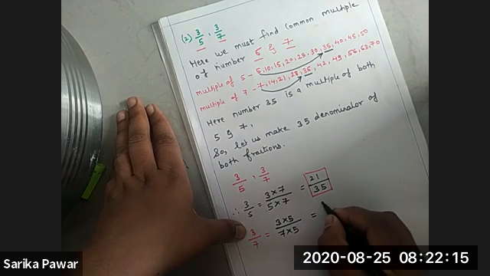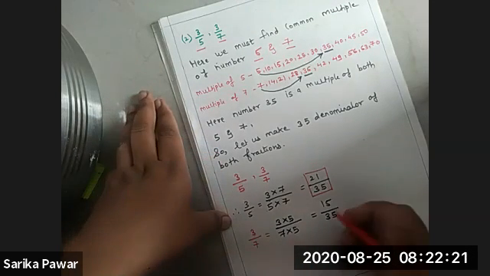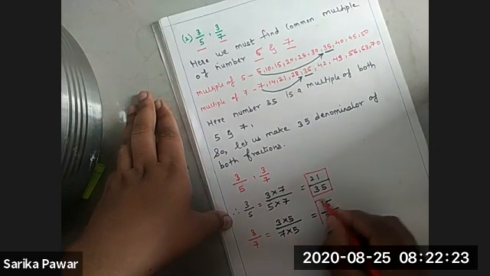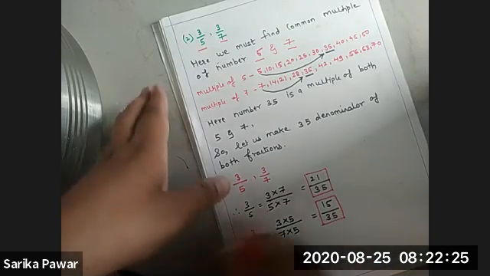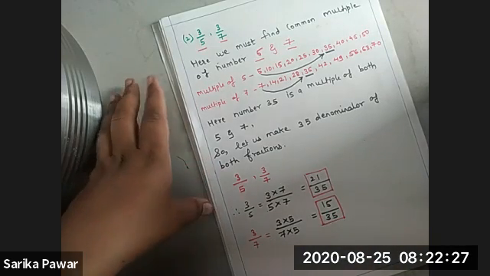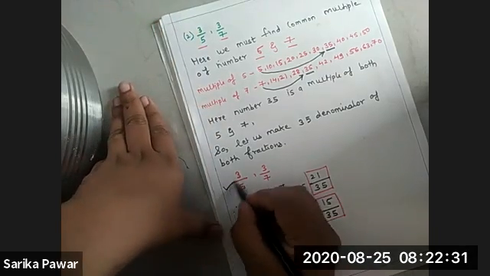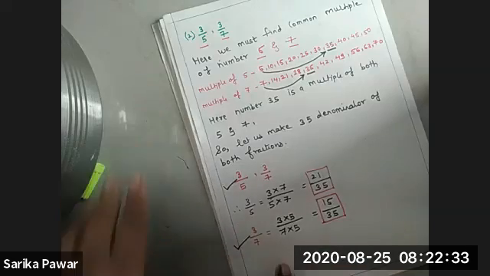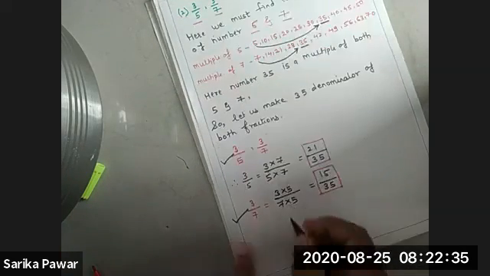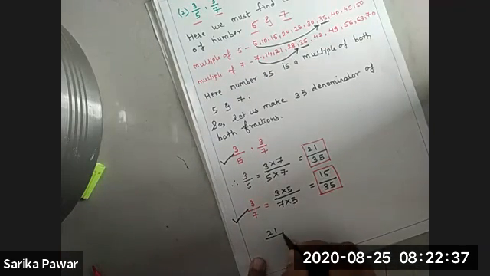So 5 3s are 15 and 7 5s are 35. So we solve these fractions also. This fraction answer is 15 upon 35. So I solved 3 upon 5 and 3 upon 7, and the answer is 21 upon 35 and 15 upon 35.